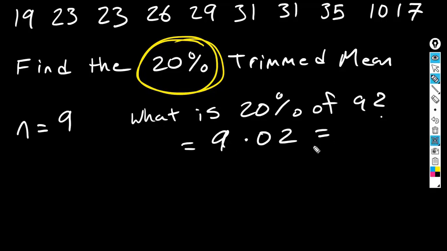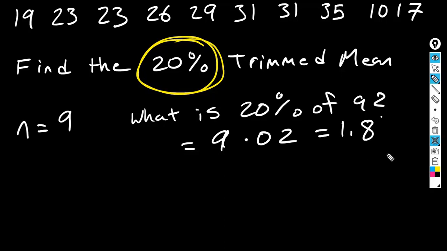That is going to give us, I believe, what is that going to give us? I should have written that down. 1.8, I would imagine. But I'm just going to double check. Yes, so 1.8. Now here is something important, and this is something that's going to happen quite a few times.